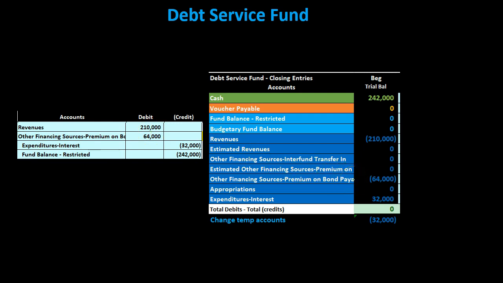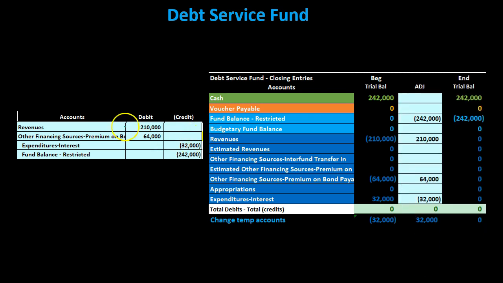Other financing sources has a credit in it. It's kind of like revenue. We're going to debit it to make it go down to 0. Expenditures has a debit in it, so we credit it to make it go down to 0. The difference between the two, the debits minus the credits, being the $242,000, that then going to what would be similar to retained earnings or the capital account, the fund balance restricted in this case.